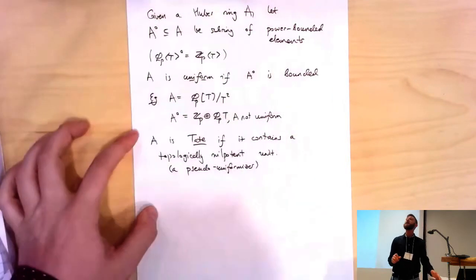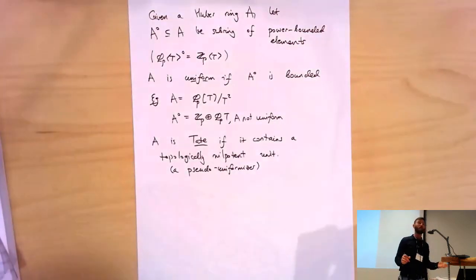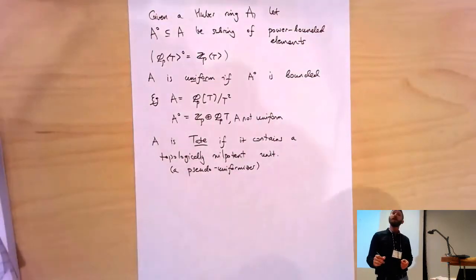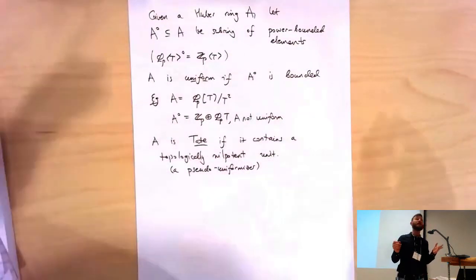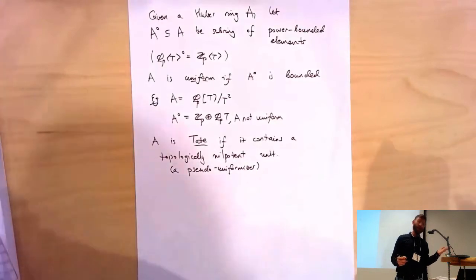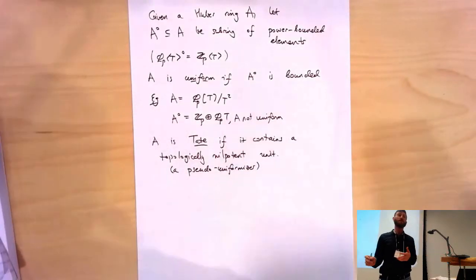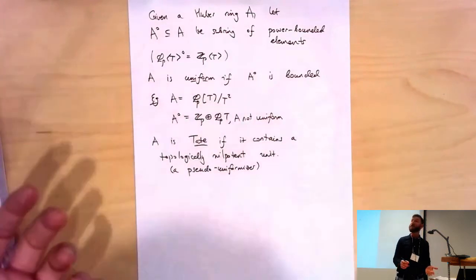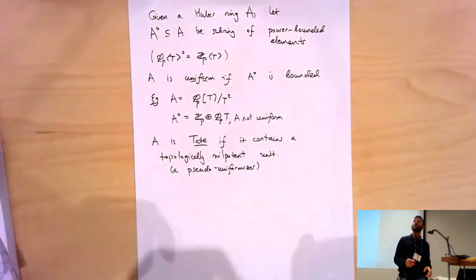When you think about p-adic fields, a p-adic field contains a uniformizer, something of valuation 1 when you normalize that absolute value, and it is a unit, of course, because it's non-zero, and it's topologically nilpotent because it's less than 1, so we're just taking those two things and abstracting them to general Huber rings. So a Huber ring is Tate if it contains such a pseudo-uniformizer.